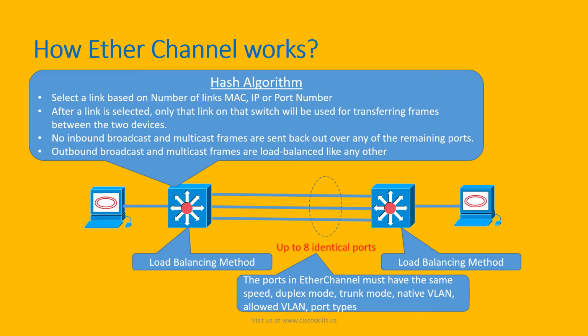So when this switch is flooded by the broadcast or multicast frame, based on the hash algorithm and the IP or MAC address or port number, it will make the decision to forward to this link based on the load balancing method configured. So the outbound broadcast and multicast frames are load balanced like any other frame.